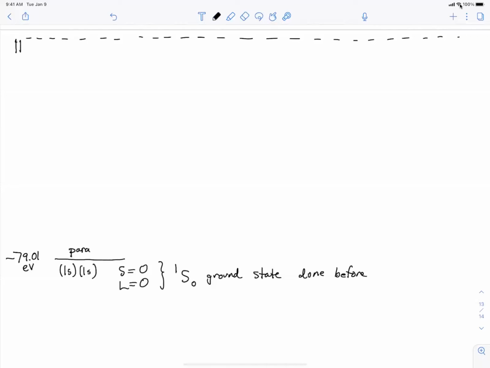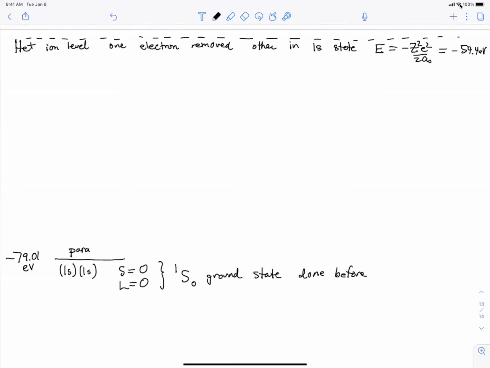So this level is the helium plus ion level, where one electron is completely removed. Okay, and the other is in a 1s state. And so its energy is minus Z squared e squared over 2a naught, which turns out to be minus 54.4 electron volts. Okay, so all the states we're going to be talking about are in between there.